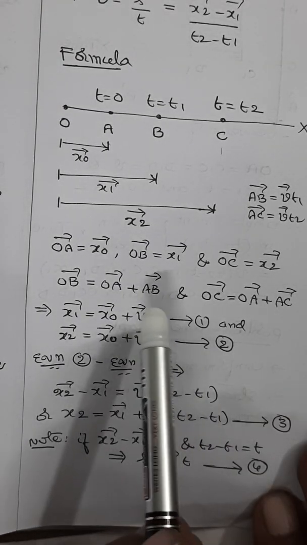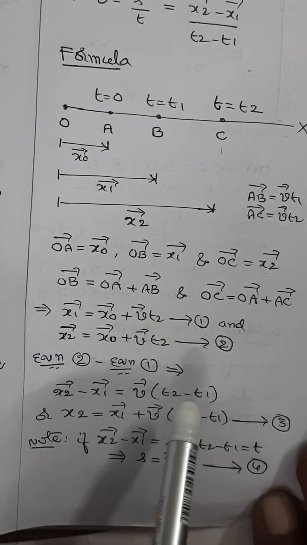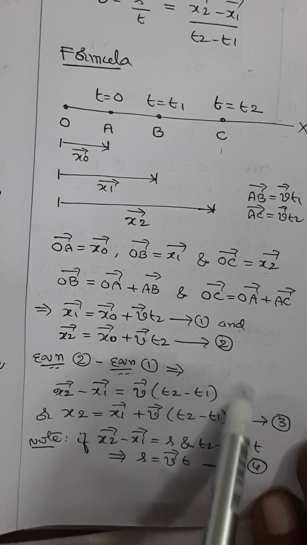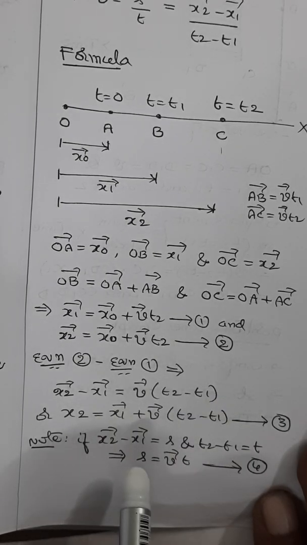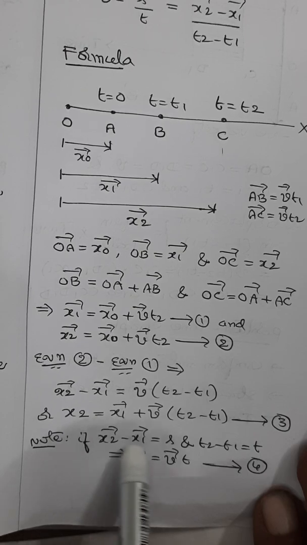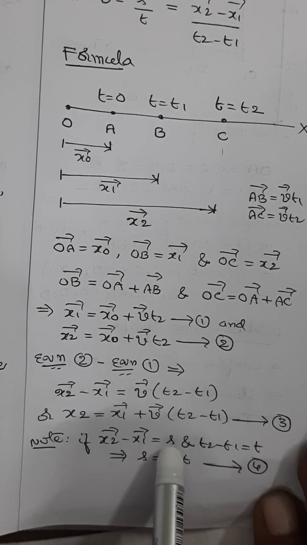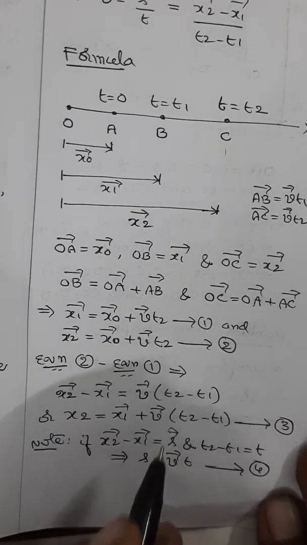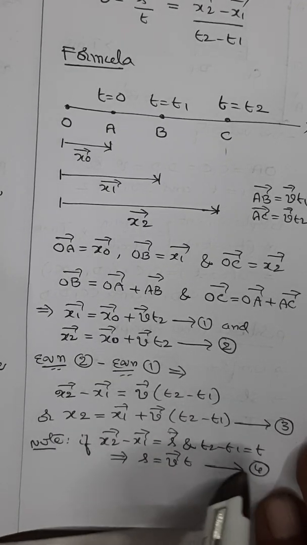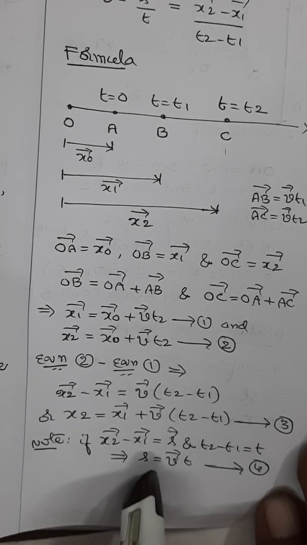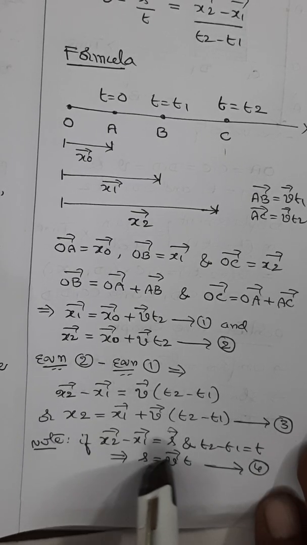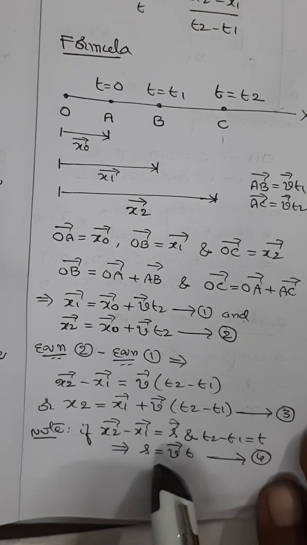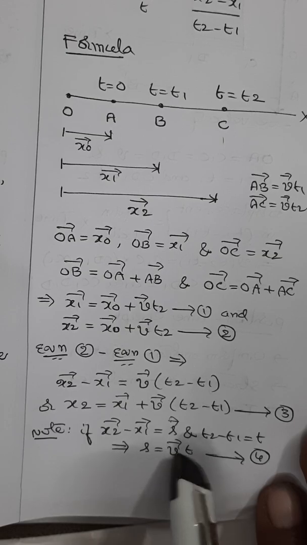So if you observe equations 1, 2 and 3, they represent the kinematics of uniform motion along a straight line. Now here you have to understand that if you take x2 minus x1 as displacement s, and t2 minus t1 as t, then automatically s will become v bar into t.